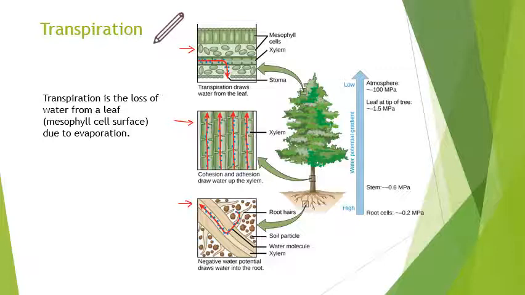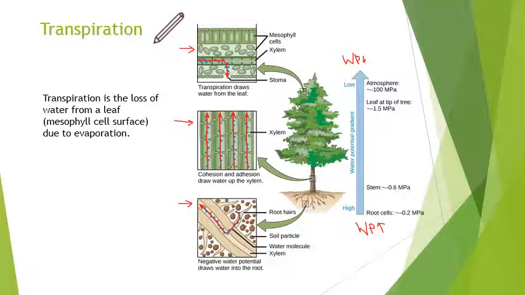And since you know that water moves from a high water potential to a low water potential, this means that the water is going to move from the root into the stem, into the leaves, and into the atmosphere. Okay, so that is the transpiration flow, if you will.